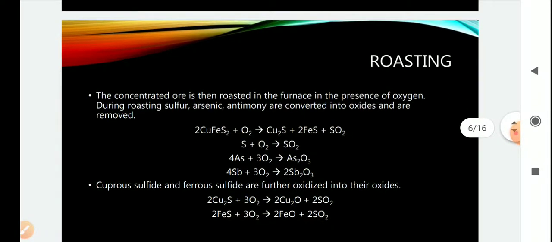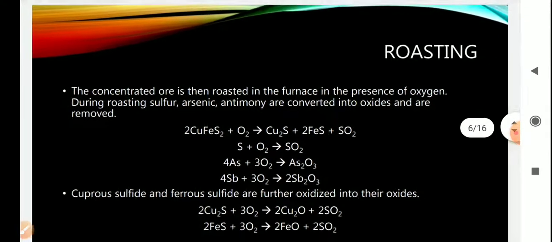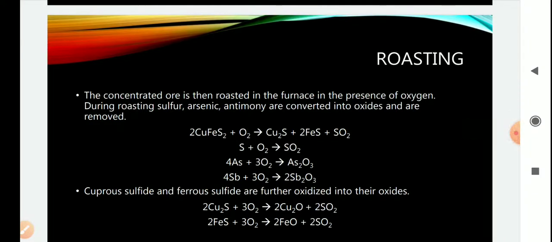So now the next step is roasting. Roasting is again heating or burning. Roasting is the process where the concentrated ore is roasted in a furnace in the presence of oxygen.